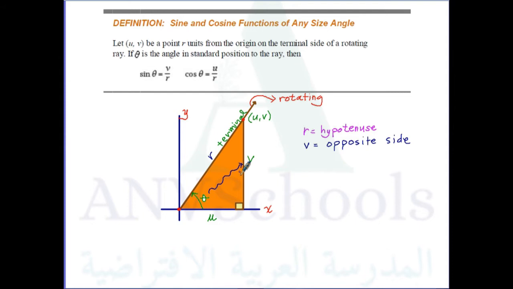We have u. So u is actually the adjacent side because it contains the theta. The theta began from this line, which is also called the initial position. So the adjacent side, u, contains the theta.